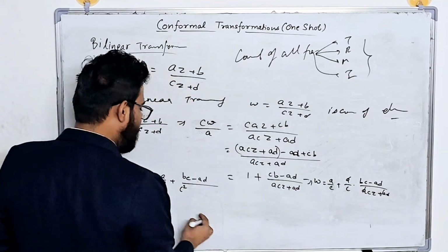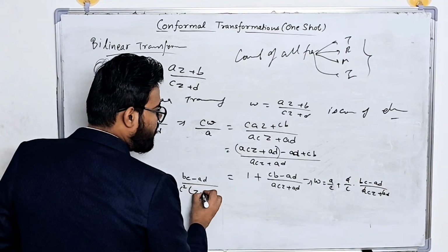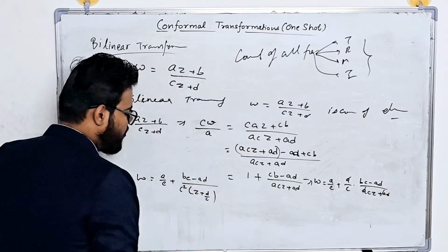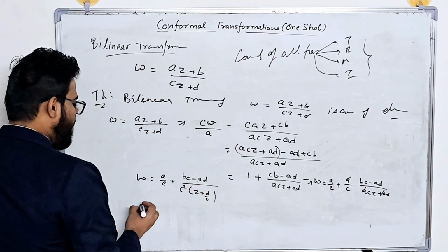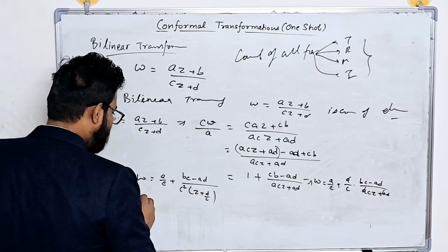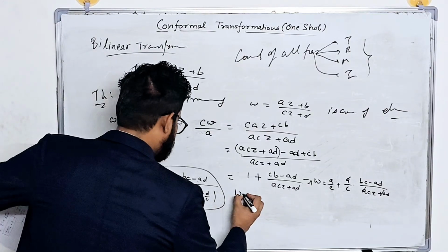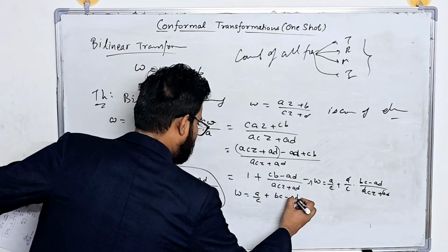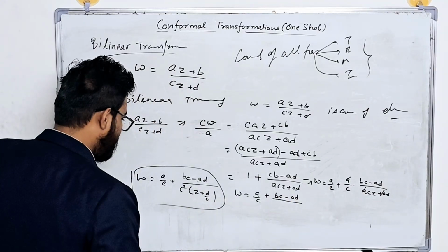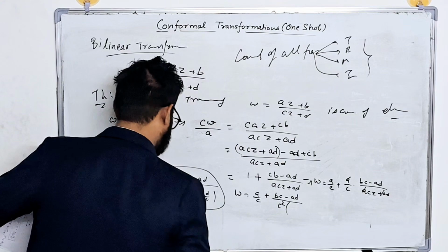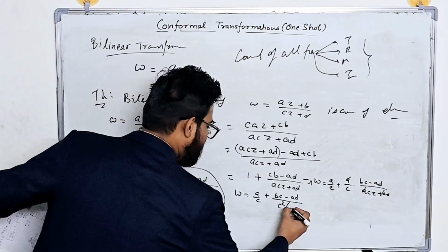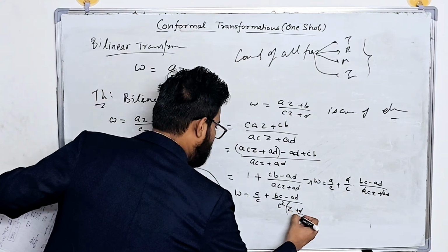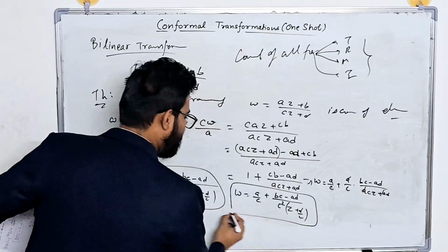We can take c common, so we will have c square times z plus d by c. So we have w is a by c plus (bc minus ad) over c square times (z plus d by c).